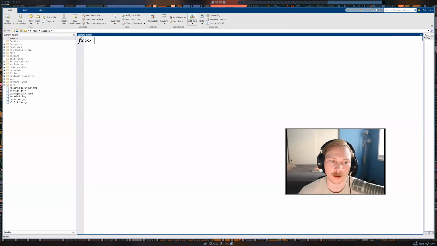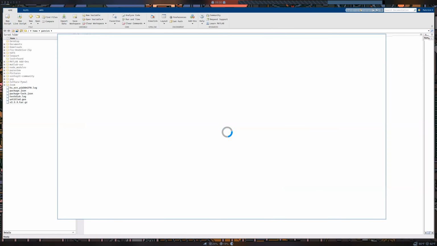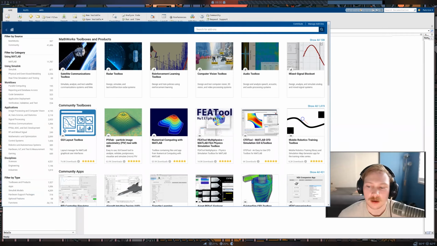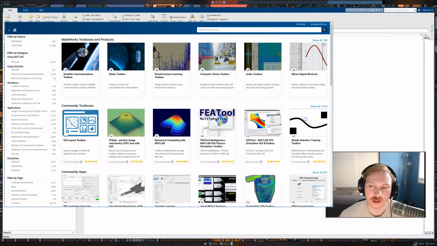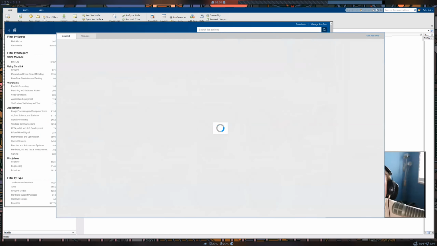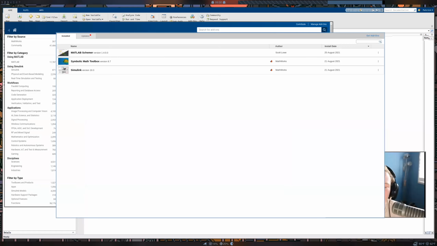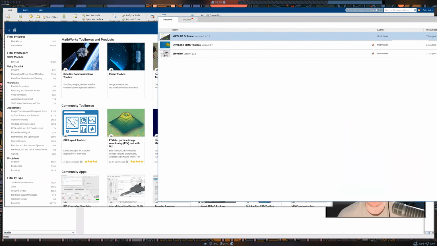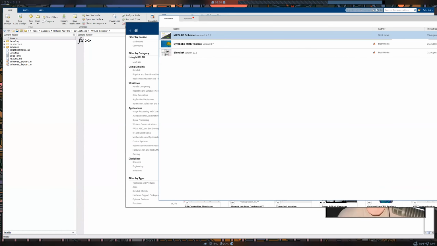Click on add-ons, and this window will pop up. Then click on Manage Add-ons, and you see we have MATLAB Schemer here. We can click on these three dots and click on Open Folder. Now, on the left here, we're in that folder.